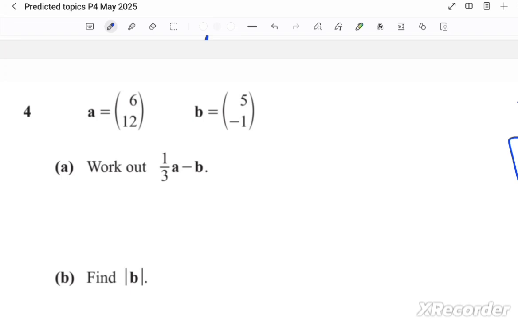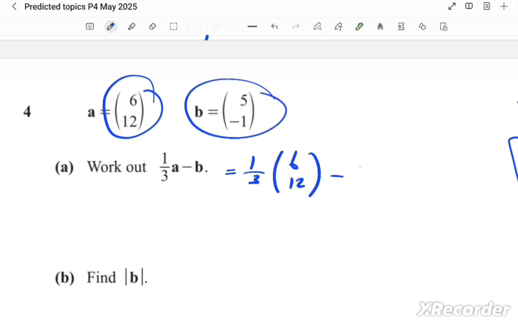So 1/3 a minus b, where a is 6, 12 and b is 5, -1. In this case, let's multiply 1/3. So 1/3 times 6 is 6/3, which is 2.